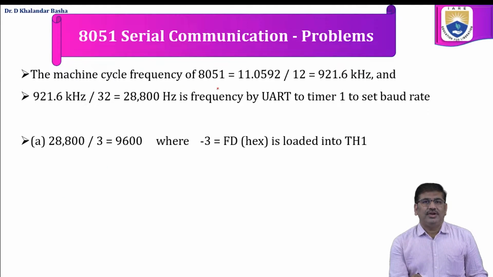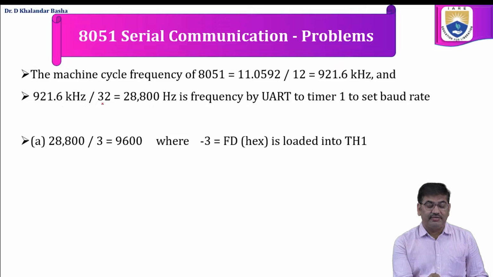The machine cycle frequency of the 8051 will be generated by dividing the oscillator frequency by 12, that is 11.0592 MHz divided by 12, which gives us the machine cycle frequency 921.6 kHz. And for the frequency of UART for timer 1, to set the baud rate, we will divide the machine cycle frequency by 32.